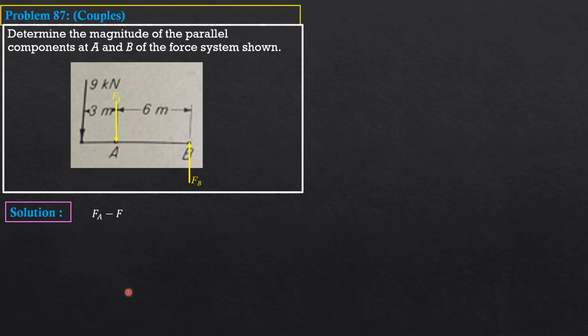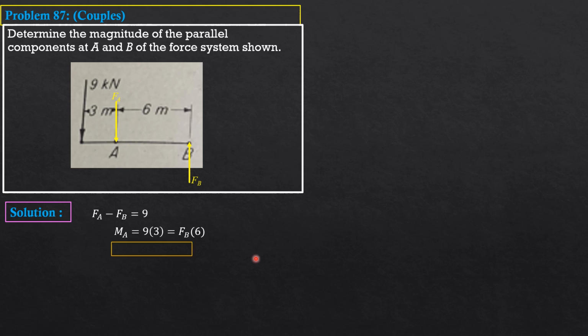So FA minus FB equals 9, going down positive because FA is downward and this resultant is also downward. So that's the first equation. Then moment about A is 9 times 3 counterclockwise. That should also be the moment of FB about A, FB times 6 counterclockwise.